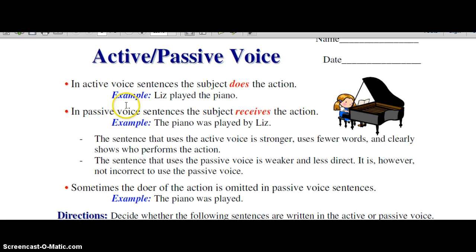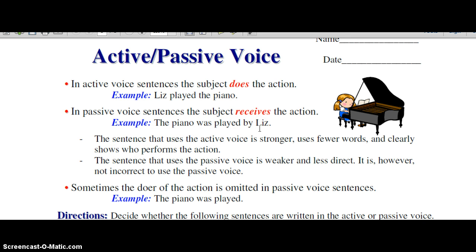However, in passive voice, the subject is going to receive the action. It's no longer found in the subject spot in the sentence. It's now moved to where we normally would find an object, like a direct object, an indirect object, or an object of the preposition. So the sentence, the piano was played by Liz.